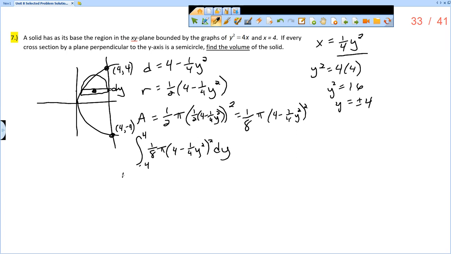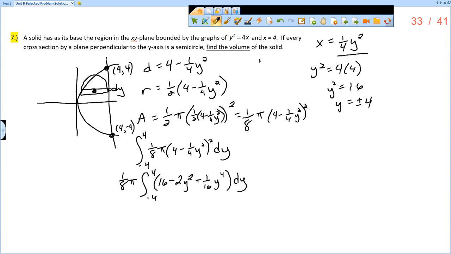I'm going to bring the 1/8 pi on the outside, with limits negative 4 to positive 4. Now I multiply this out: 16 minus 4 times a fourth is 1, and I have two of those, so minus 2y squared, plus 1/16 y to the fourth.